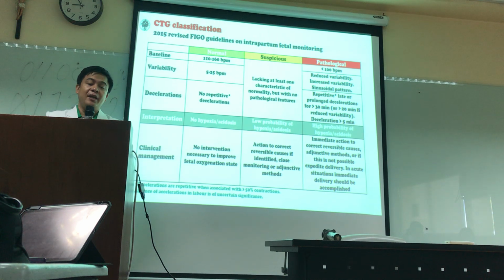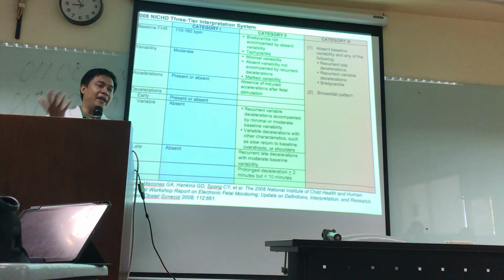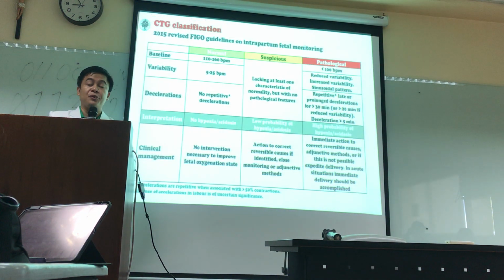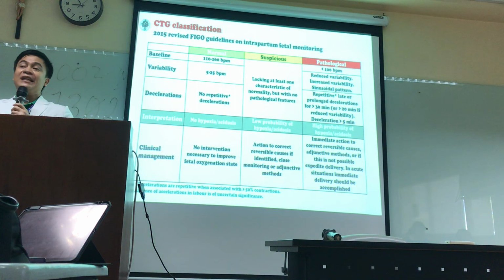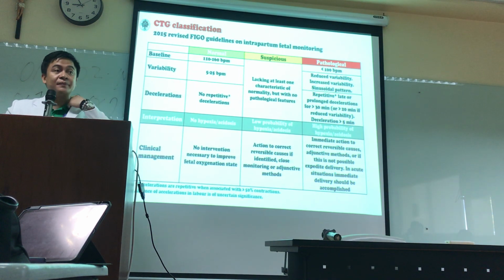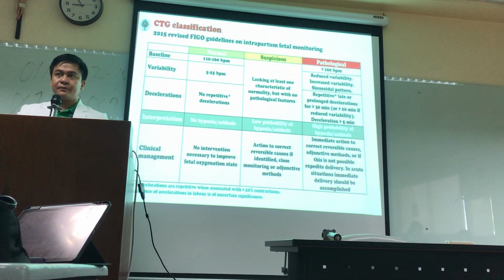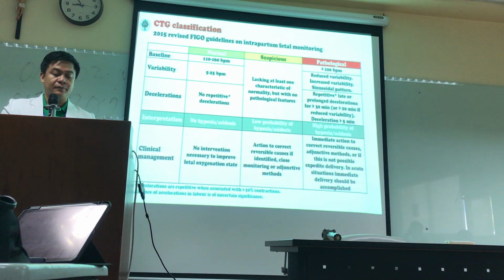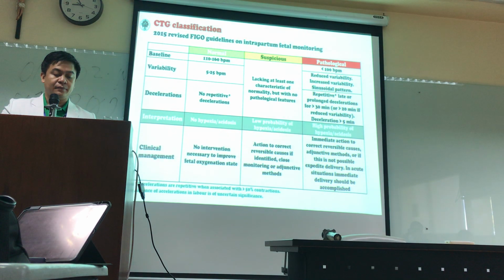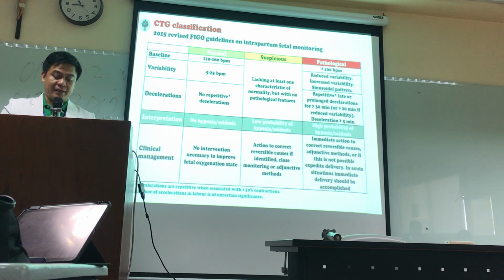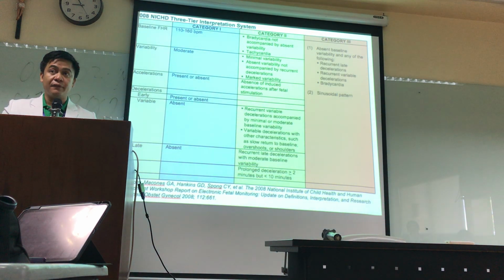So, what difference can you see in terms of when you use your NICHD and when you use your FIGO classification? What is the clinical implications? Medyo mas, which is more conservative?